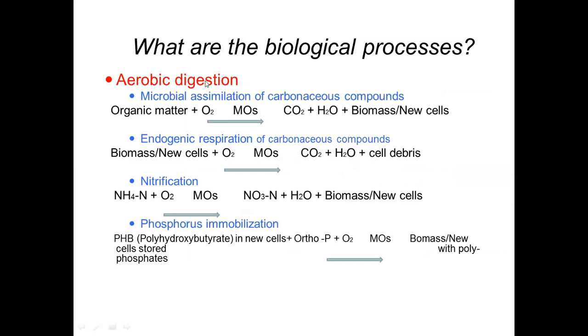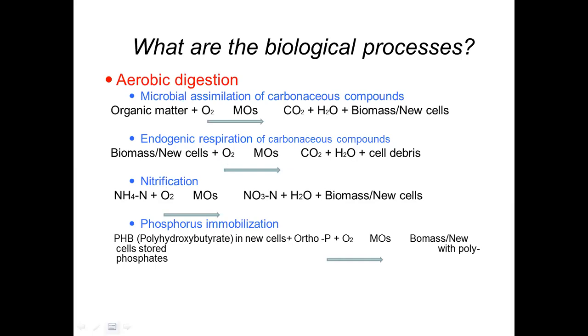Aerobic digestion: organic matter is converted by microorganisms in an oxygen environment to CO2, H2O plus biomass and new cells. Then this biomass and these new cells are converted to CO2, H2O and cell debris by the microorganisms with the oxygen.